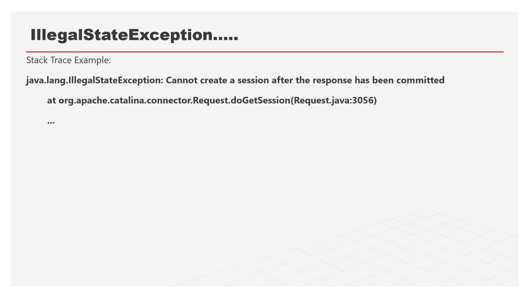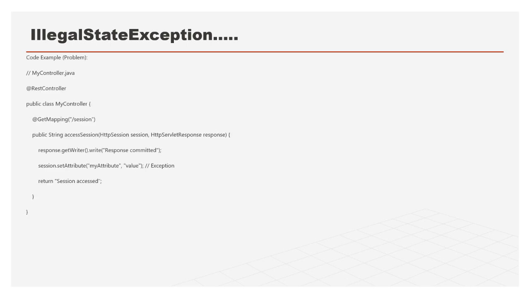That's where you get this exception. In the above example, the stack trace says you cannot create a session after the response has been committed. This is one of the common exceptions which is thrown, so always look out for this stack trace.